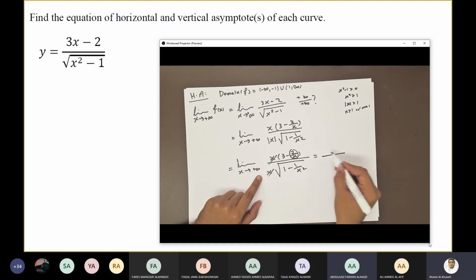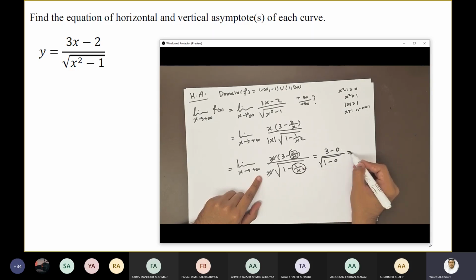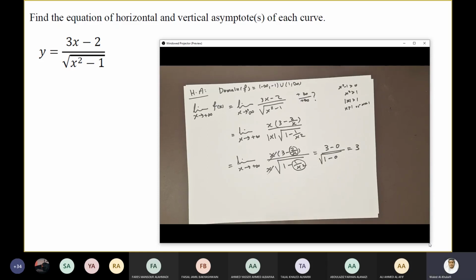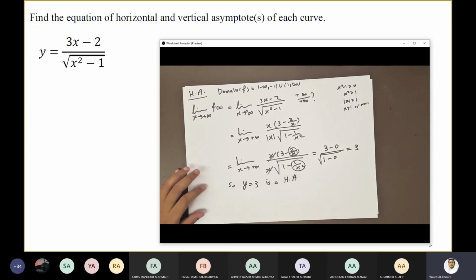So this will be 3 minus 0, because this is a direct substitution, over the square root of 1 minus 0. So we get 3 at the end. So now I get one horizontal asymptote: y equals 3.